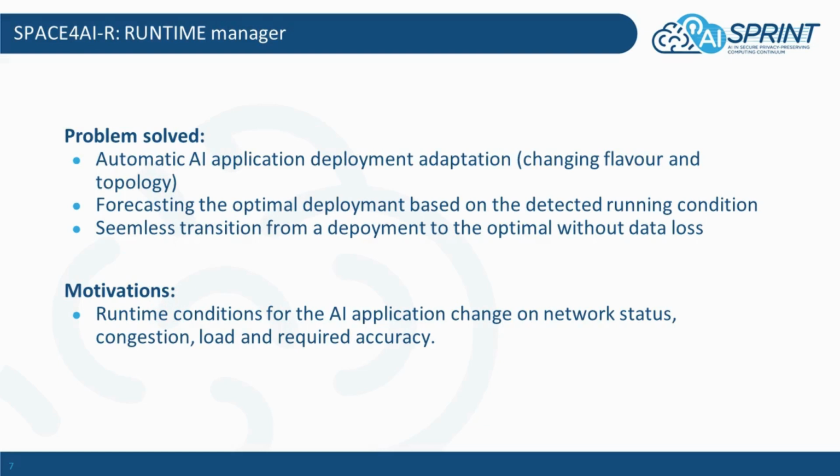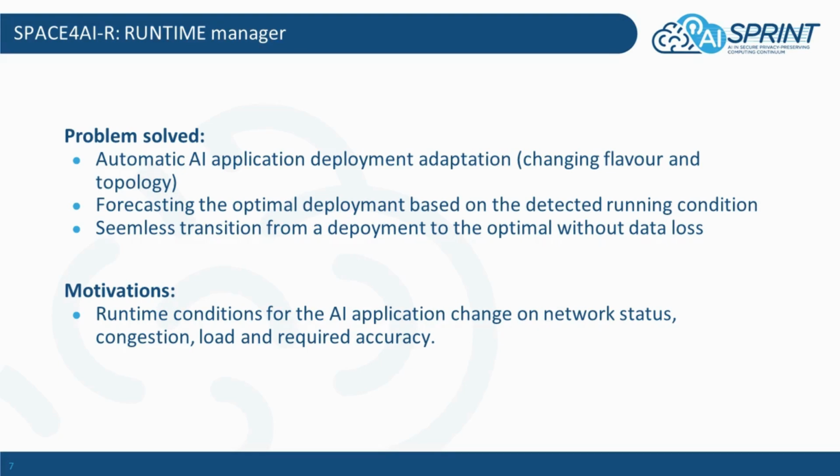Once deployed, the iSprint application running condition can vary due to loss of network connectivity, network congestion, network load, network delay, and based on the load of the components of the application.